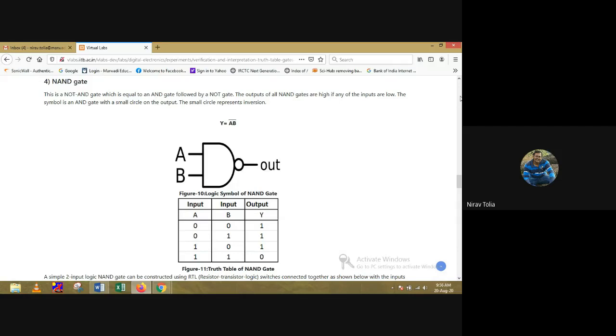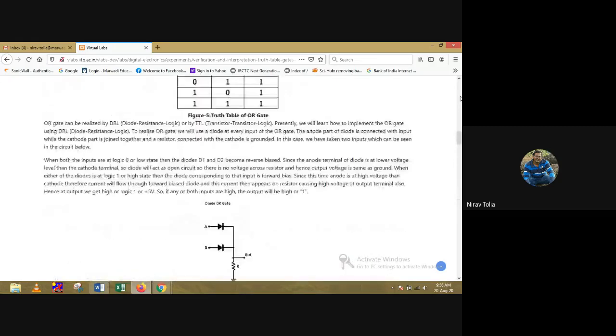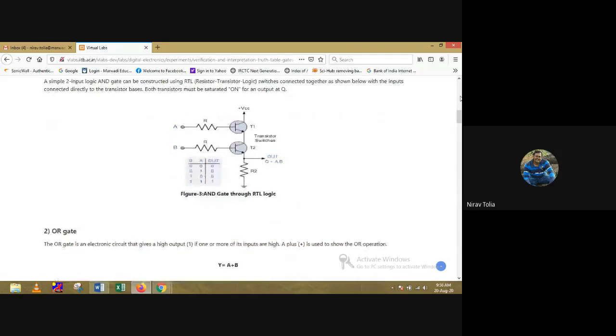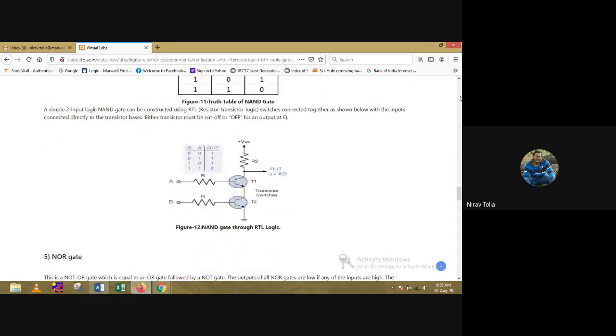Again, we can implement a NAND gate with RTL logic only, but now the connection will be reversed. For the AND gate we connected the output below the T2, but now for the NAND gate we are connecting the output above T1. You can see the difference between the two circuits. So this is the circuit of a NAND gate.